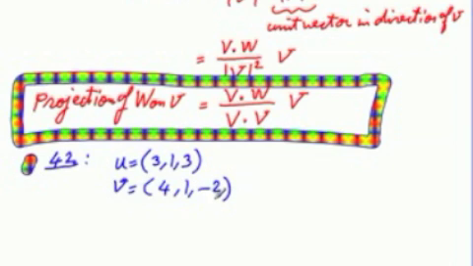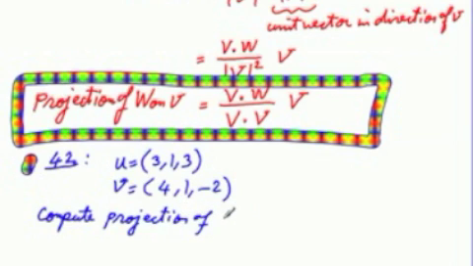Question is, compute the projection of U on V. So you have some U, you have some V. We want to know what's the projection of this on the other one.